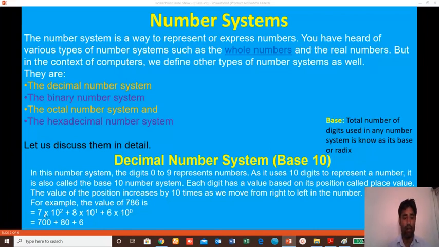Actually every time we will increase the power of 10 and we will find the actual value. So 10 raised to power 2 is 100, so 7 into 100 is 700, plus 8 into 10 is 80, plus 6 into 10 raised to power 0. Any number raised to the power 0 is equal to 1, so 6 into 1 is 6. So 700 plus 80 plus 6 gives you 786.